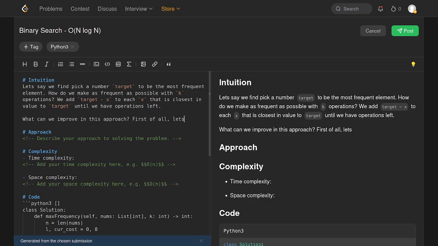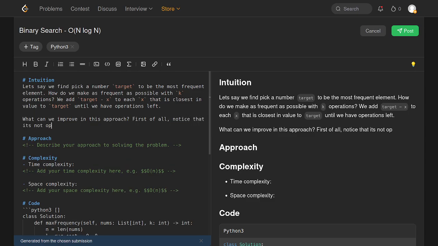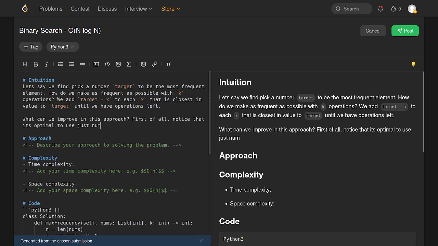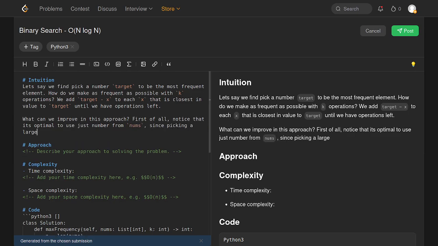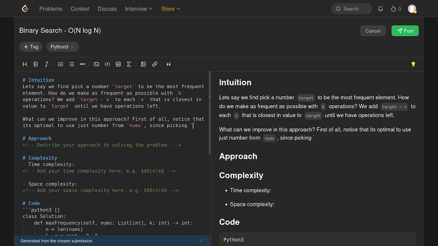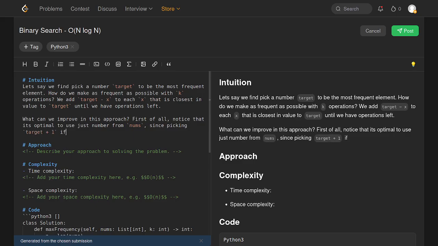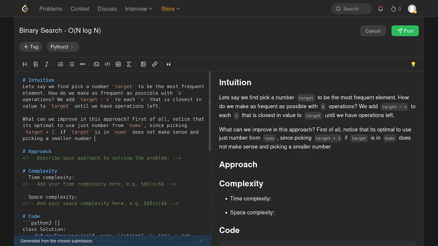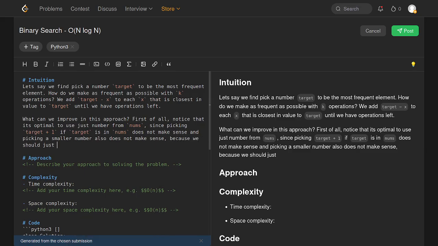First of all, notice that it's optimal to use just numbers from nums, since picking target + 1 if target is in nums does not make sense, and picking a smaller number also does not make sense, because we should just pick the previous number in nums.